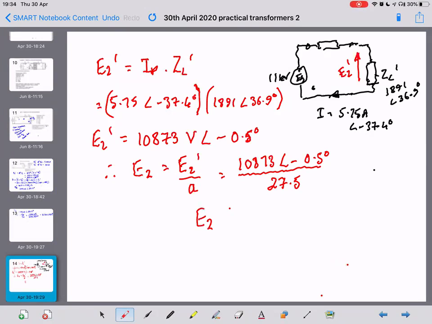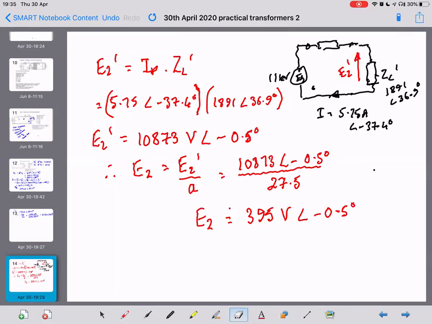E2, the terminal voltage on the secondary side, is equal to 395 volts angle minus 0.5 degrees. And that should be, because primary and secondary are in phase with each other.